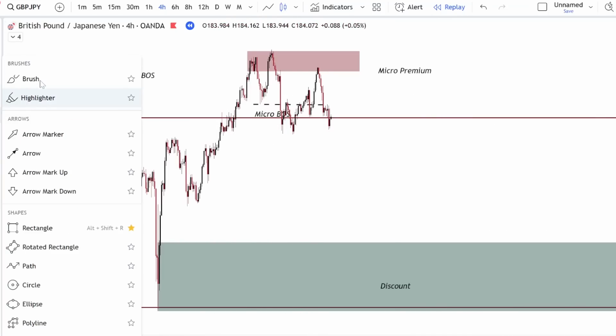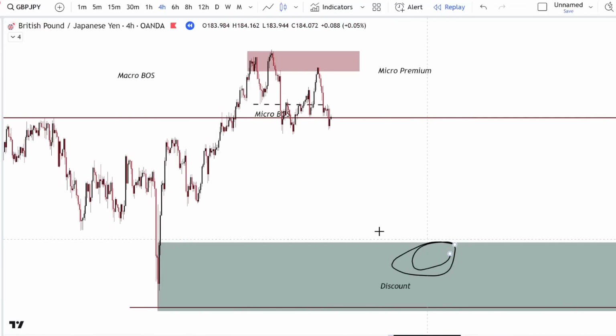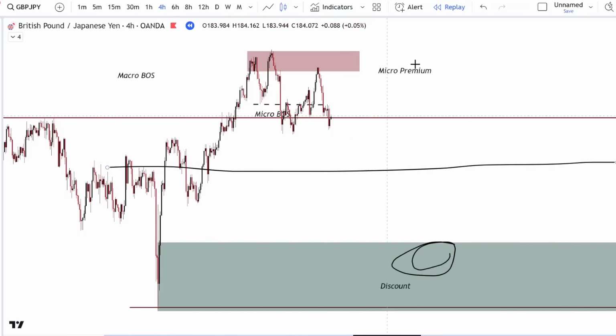And where's the next destination? Back to discount. And you do expect turbulence somewhere around the fair price.